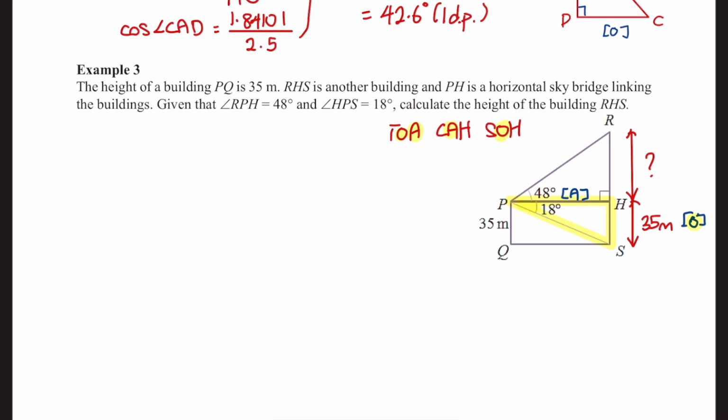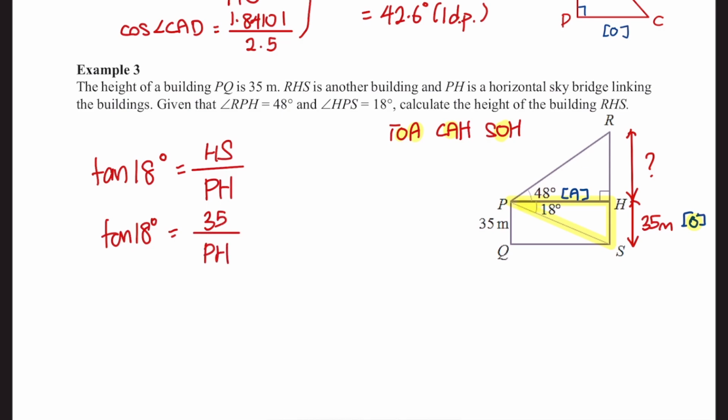So over here, this means that, let me write down, tangent of 18 degrees is equal to the opposite, which is HS, over adjacent side, which is PH. Okay, then from here, I now continue to simplify and sub in the known values. Tangent 18 is equal to HS, which is 35, over PH.